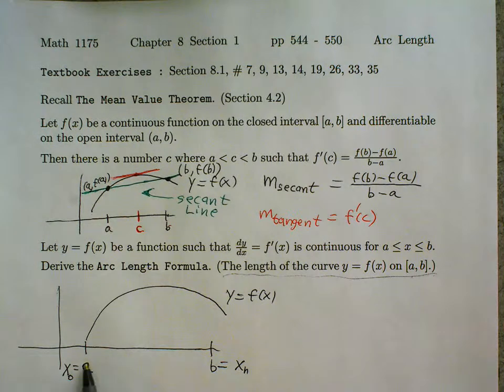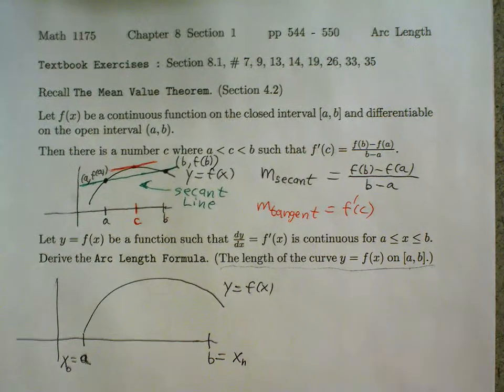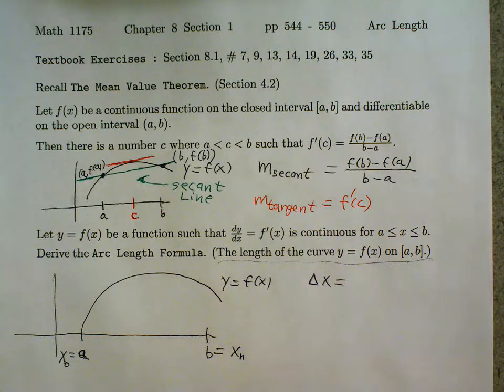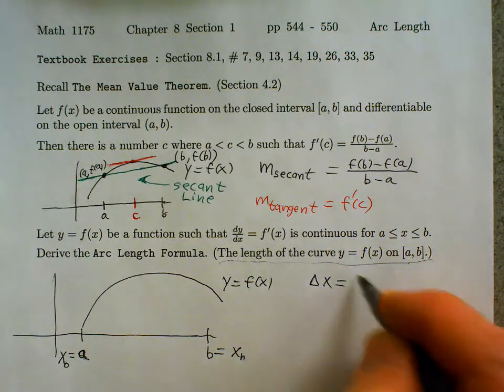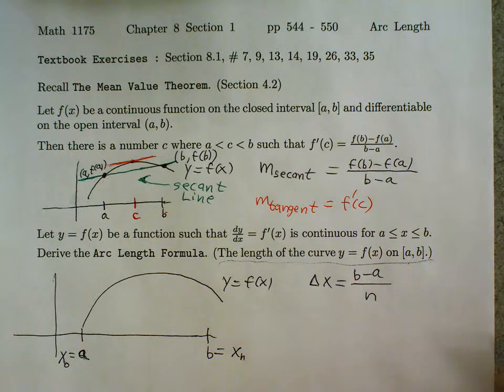And we subdivide this interval from a to b into n subintervals. Each subinterval has a length delta x, which can be computed by dividing b minus a by n, because we have n subintervals.